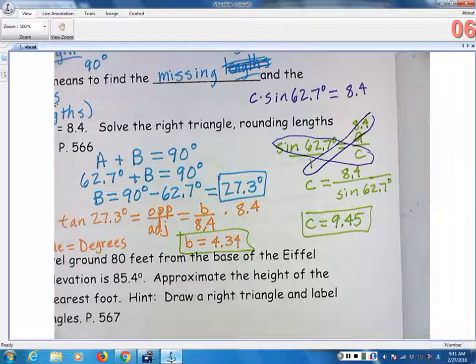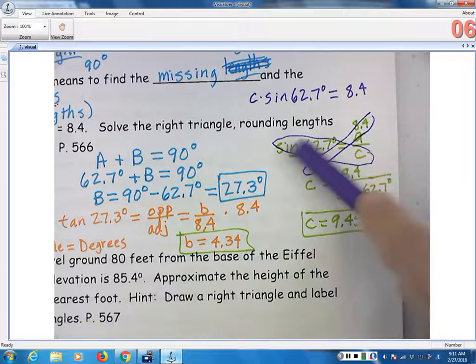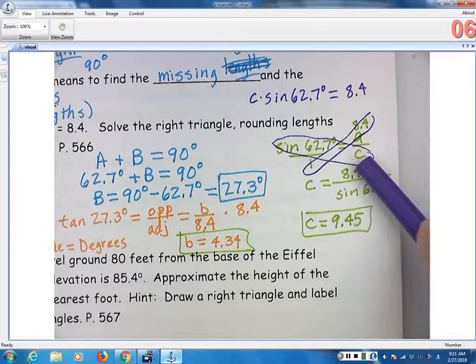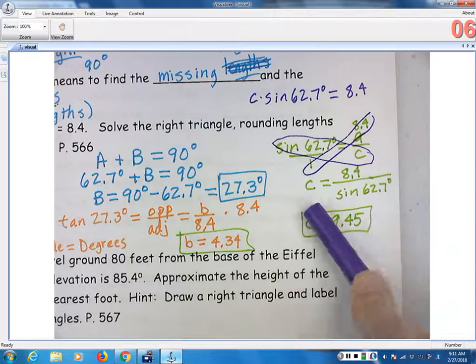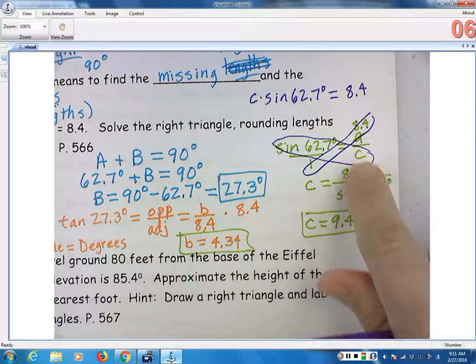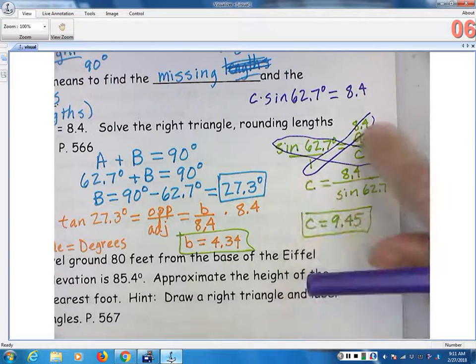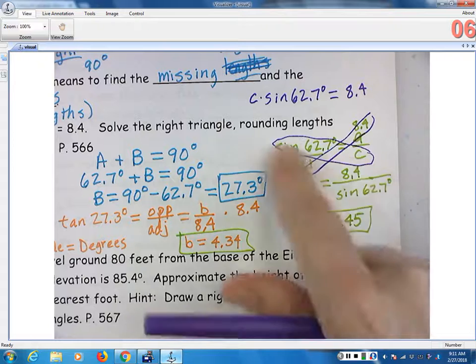Or you can realize that you can just switch the c and the sine. Just switch these two, and that's kind of what I did. Maybe some shortcuts. When you cross multiply and then divide, it's the same as switching these two. So you could switch these terms around.